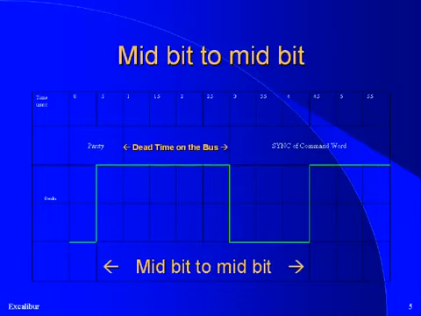The reason the terminology changed was that mid-bit to mid-bit is easier to measure on an oscilloscope. In the above example, there is no difference in the signal of the second half of the parity bit and the beginning of the dead time on the bus, whereas the mid-bit of the parity and mid-bit of the sync are both vertical lines on the scope.